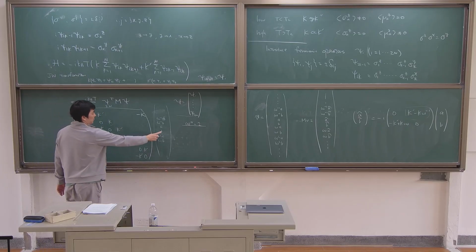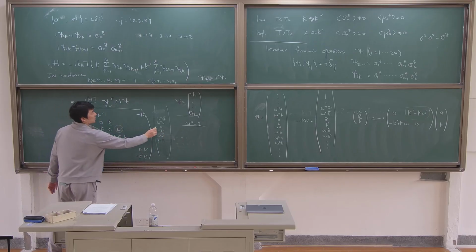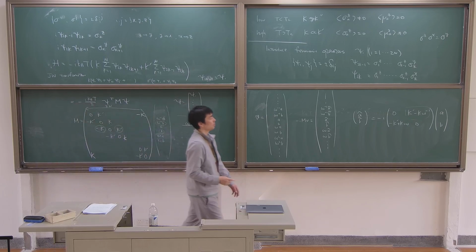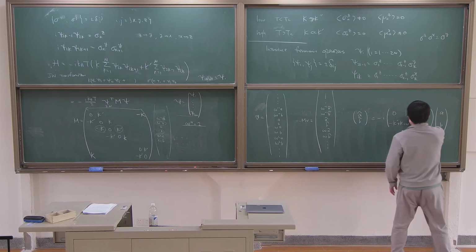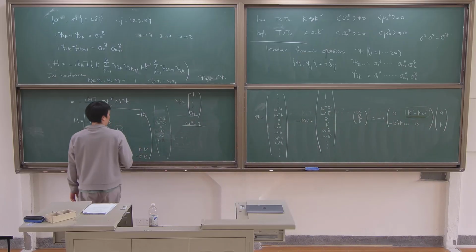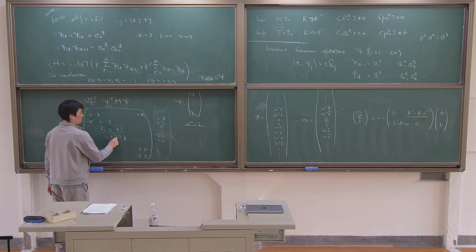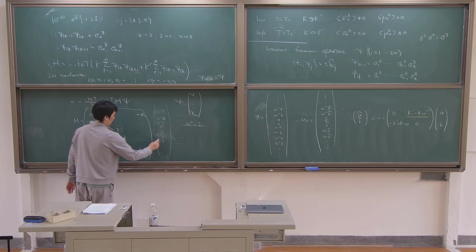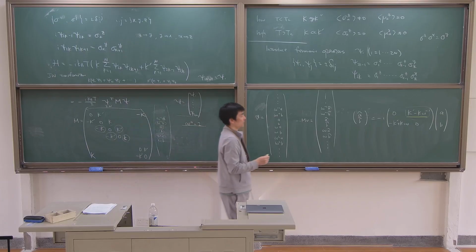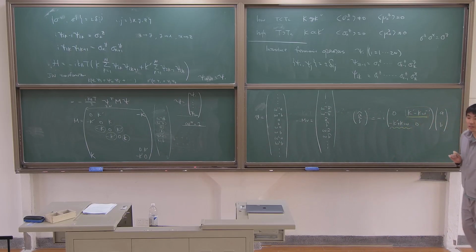If B hits K prime, omega inverse B hits minus K, so that will give you this guy. On the other hand, if A hits this guy, omega A acts on this one, that will give you this guy.